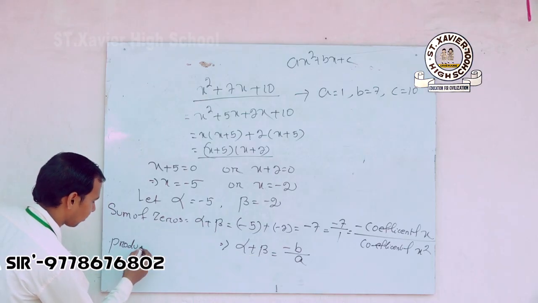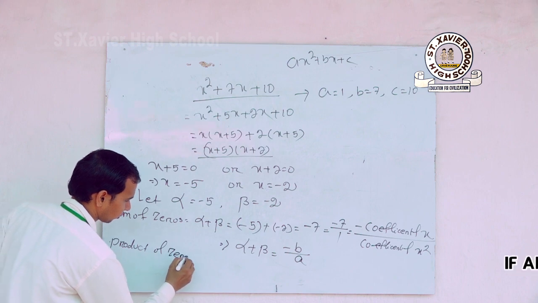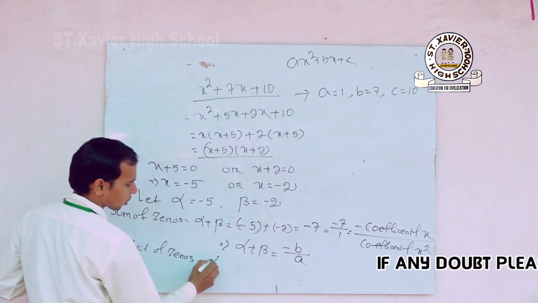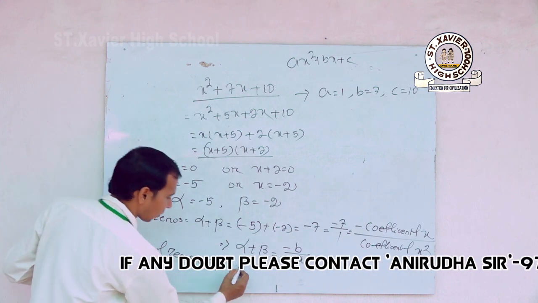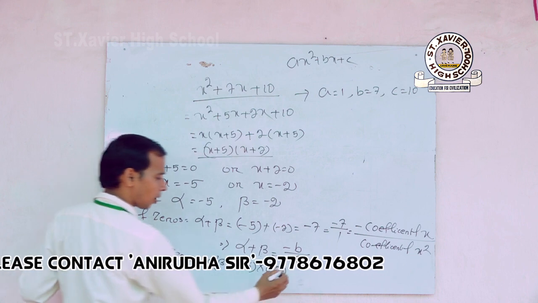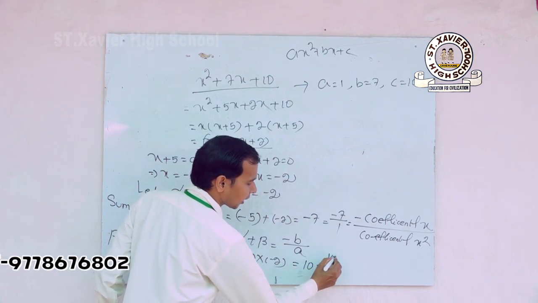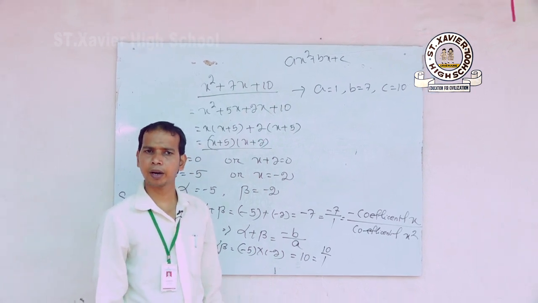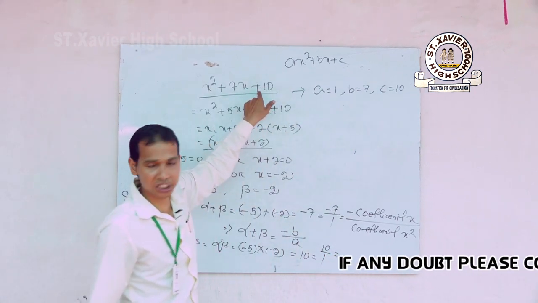Look, product of zeros means alpha into beta. The value of alpha here is minus 5, into the value of beta here, minus 2. So minus into minus is plus, 5 twos are 10. 10 can be written as 10 by 1. And 10, what? 10 here is c. c is the constant term.